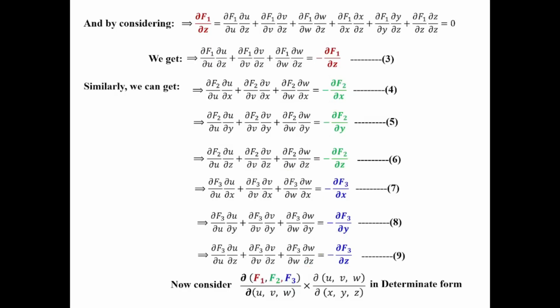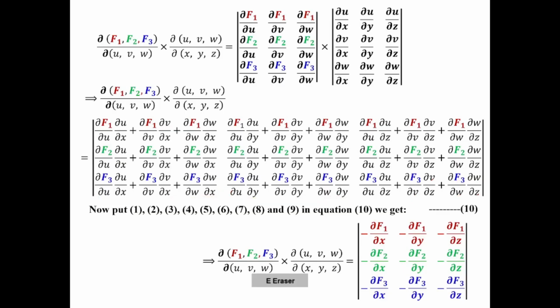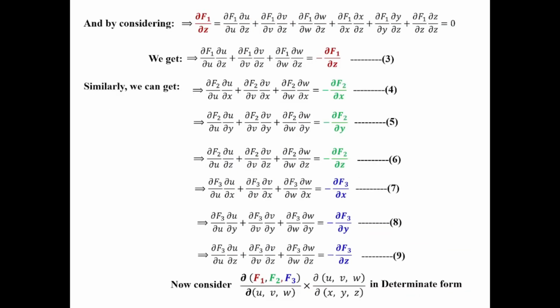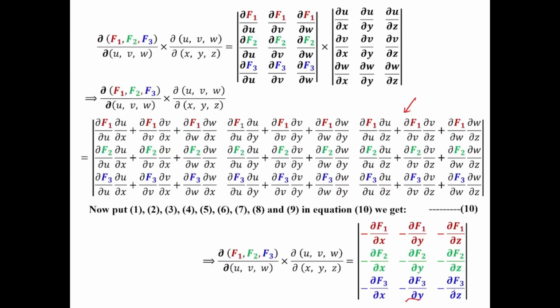It is easy, but many equations you have to write, and you have to finally write the values here in this large determinant. So this value is your minus del f3 by del y, and this value is your minus del f3 by del z.